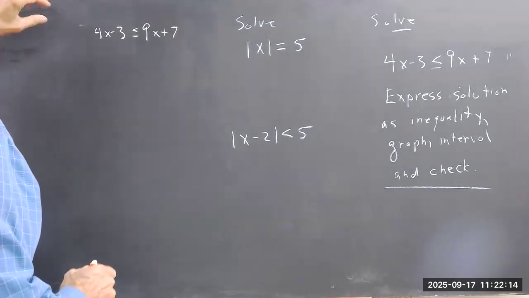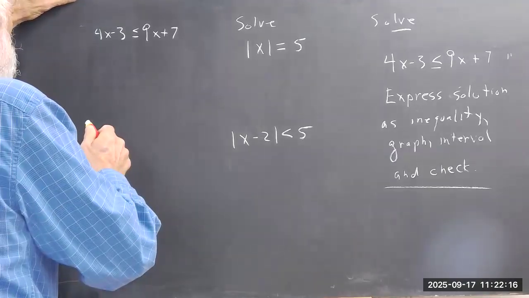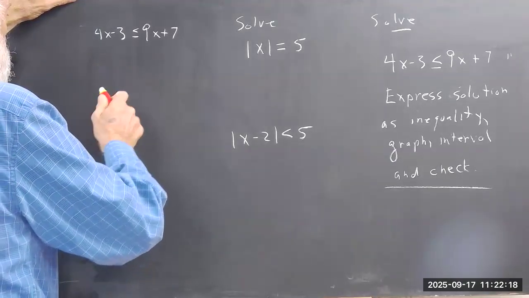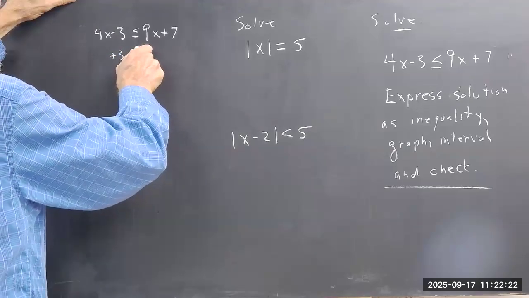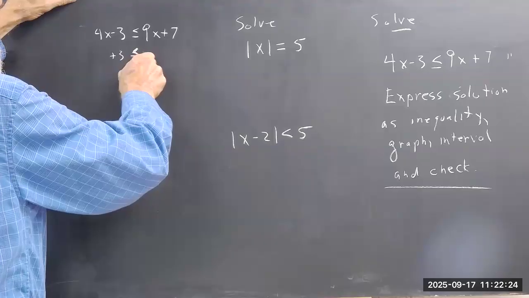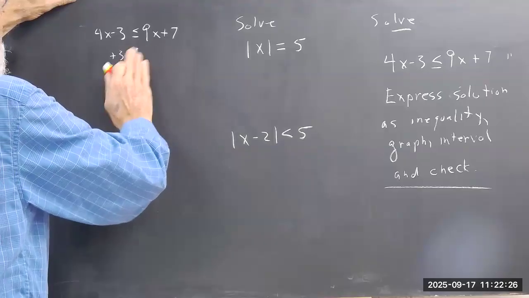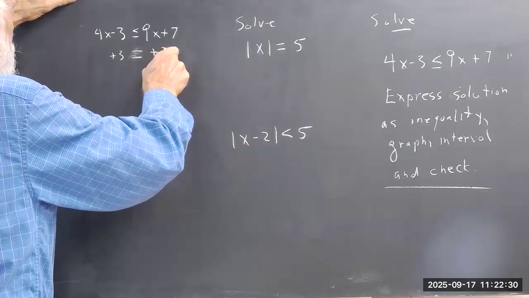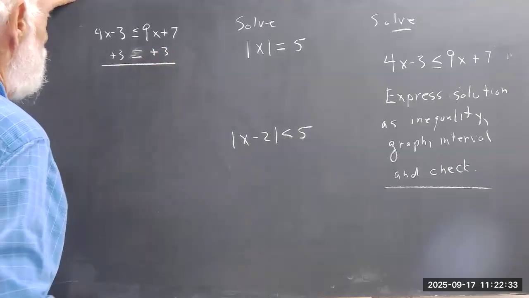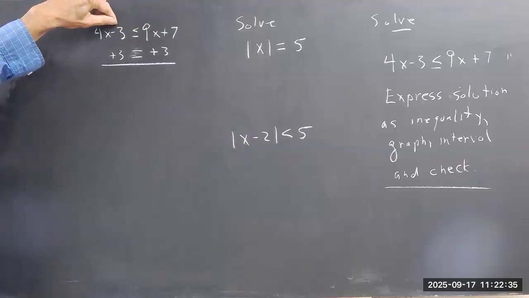And everybody did valid steps on this. So there maybe is an arithmetic mistake one time and maybe a valid operation done other than the ones I'm going to do, okay?